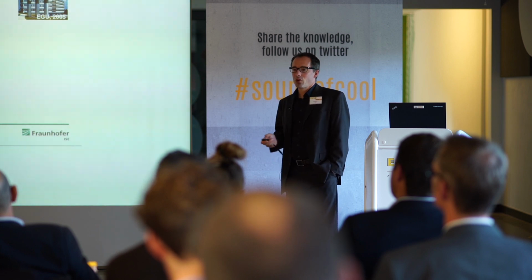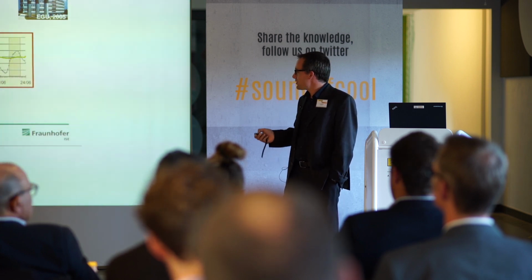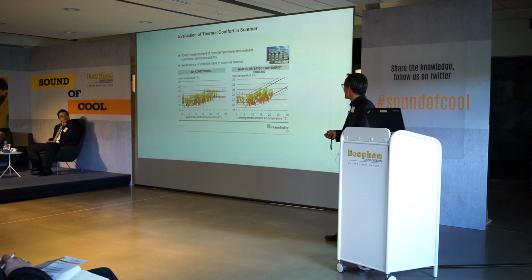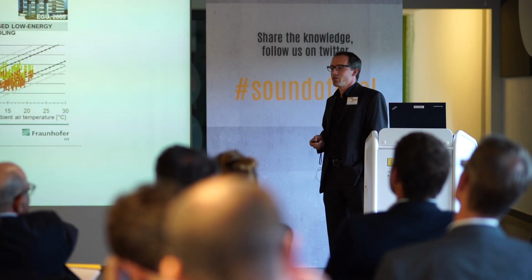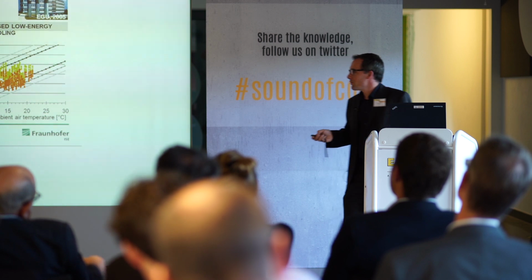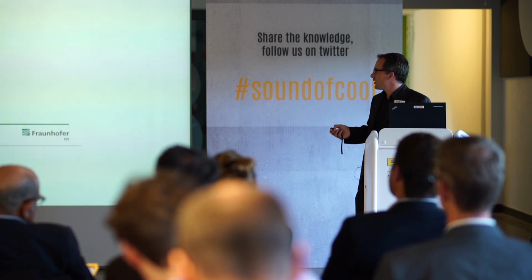Rating the thermal comfort has been done as well, and I can second the fact that it makes more sense to use an adaptive comfort model, because we've seen a good correlation in user surveys when we look at measured values from these systems.